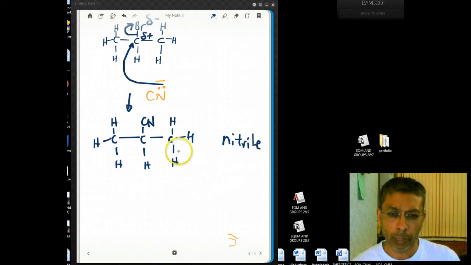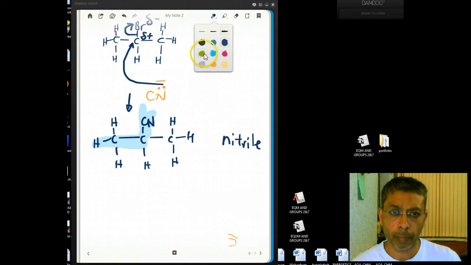Okay, now the nitrile is the functional group, so that will be carbon number 1. And if you look at this, you've got the longest chain. The longest chain is this one here. Let's say that one there. Okay, so you can call this a propane nitrile.